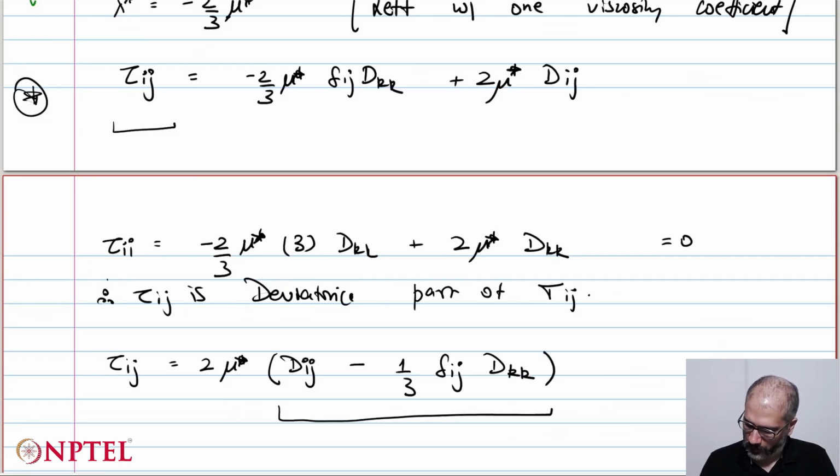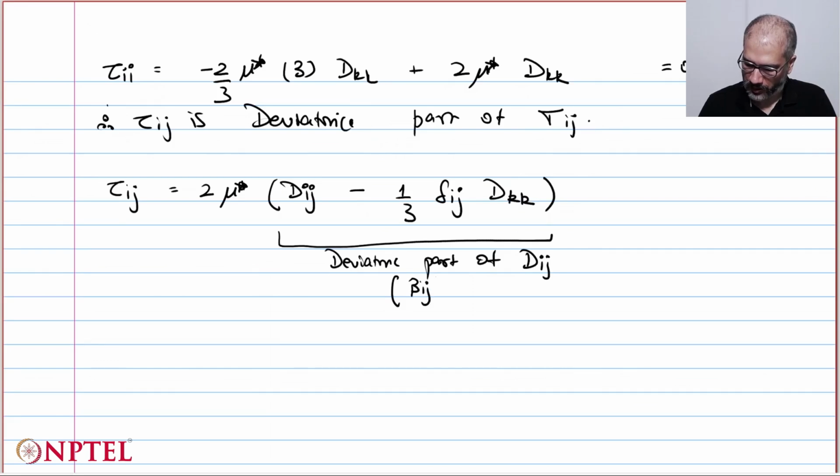Now, if you look at this term, this is dij minus 1/3 dkk times delta ij. So this is actually the deviatoric part of the rate of deformation tensor dij, because you've subtracted the mean normal rate of deformation from dij. So if I call this, let's say, beta ij, then effectively our fluid constitutive model for linear isotropic fluids with the Stokes hypothesis being valid can be written as tau ij is 2 times mu star, which is the viscosity coefficient, times beta ij.